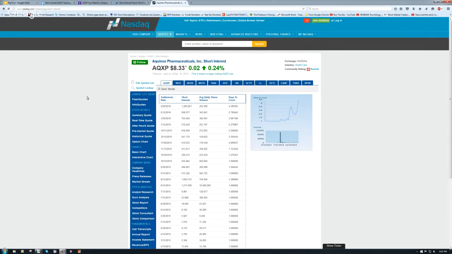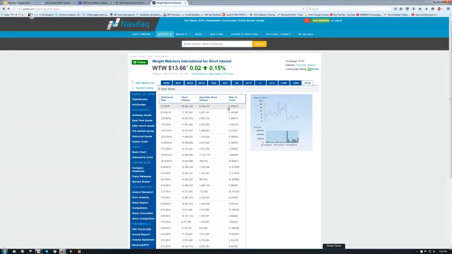And so when the short interest gets super high, when the days to cover gets up into the upper ranges, 20 days, 30 days, look at some of these stocks like WTW. Their volume has increased significantly recently, so that will skew it.